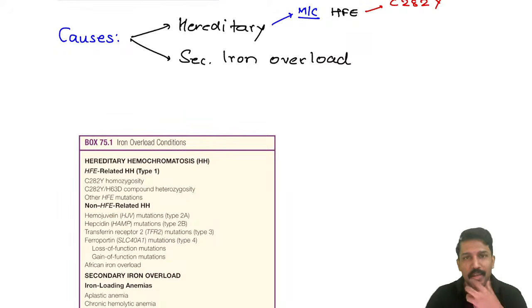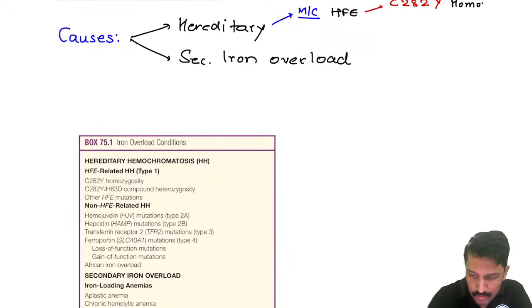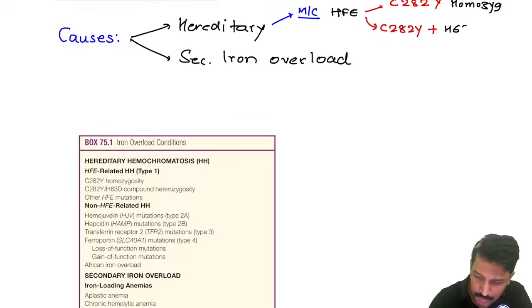So in the HFE mutation, it can be either a point mutation at position 282, we will call it the 282 mutation, that has to be homozygous, or we may have a heterozygous mutation where one mutation is C282Y plus we have another mutation that is H63D.